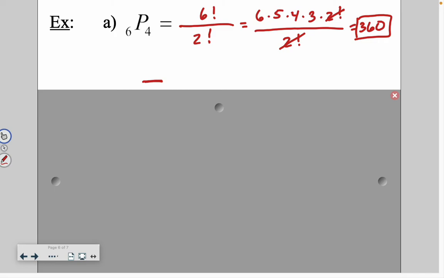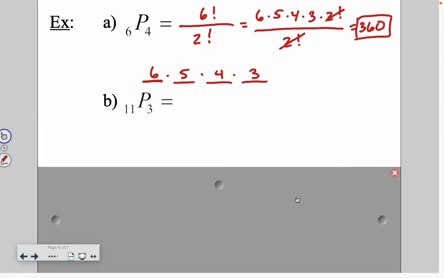I've got 6 things that could go there. How many options for blank number 2? 5. How many options for blank number 3? How many options for blank number 4? Isn't that what we ended up with? 6 times 5, that's what this is. You start with 6 options, then 5, then 4, then 3. That's what is happening in that formula. Okay?